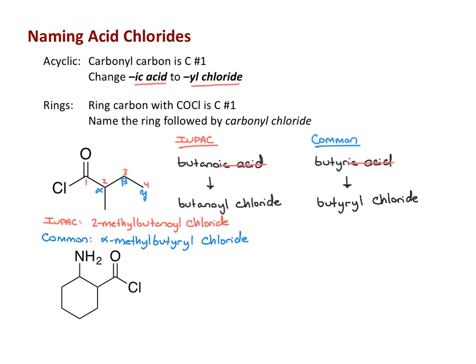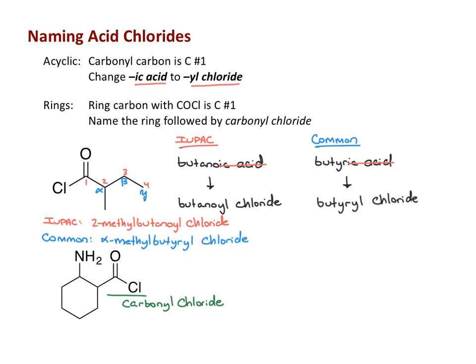For rings now, this is going to be a little different because the carbonyl carbon isn't part of the parent. We're going to say it's the parent functional group, but it's attached. And what we do is we name the ring and then follow that by the term carbonyl chloride, to specify that that group is what is attached to the ring.